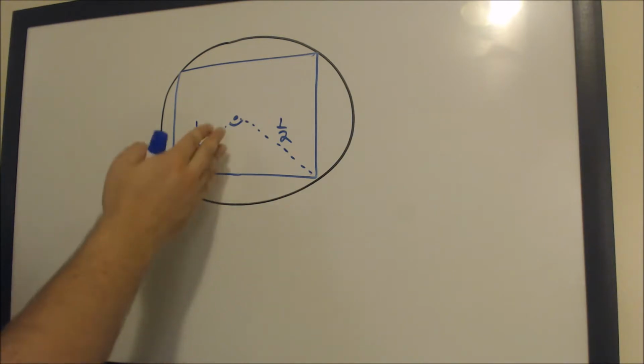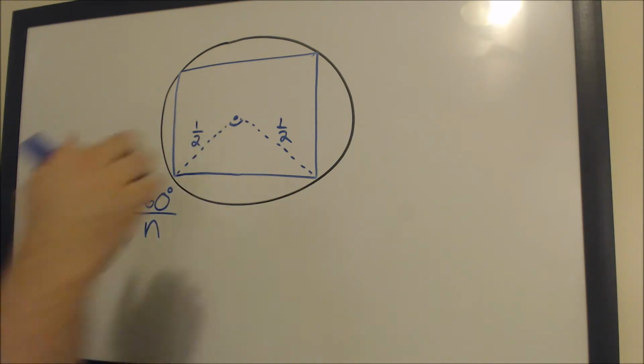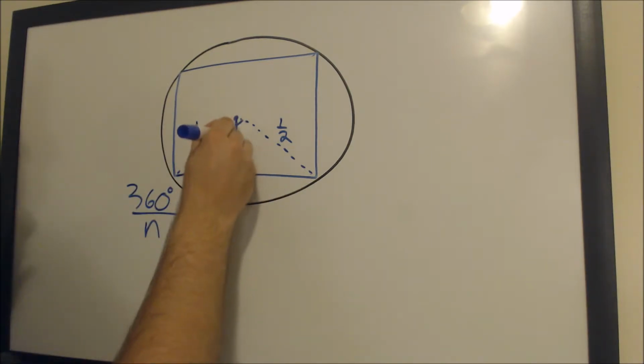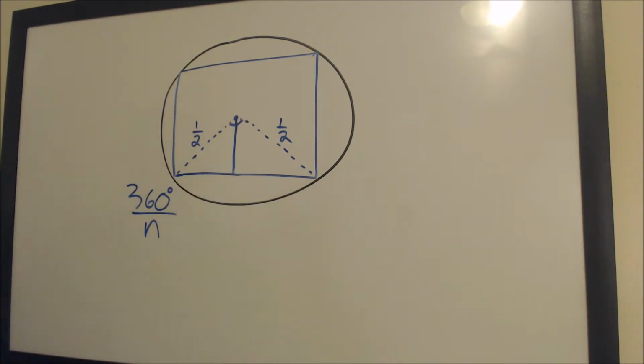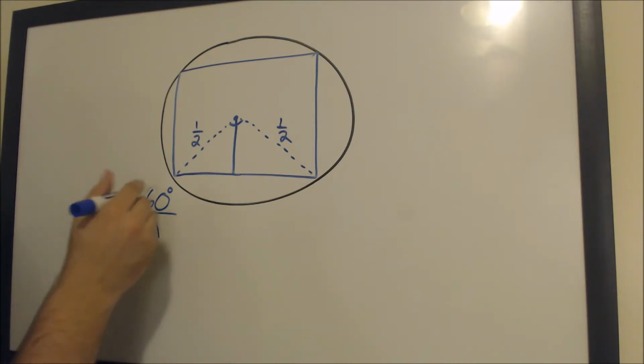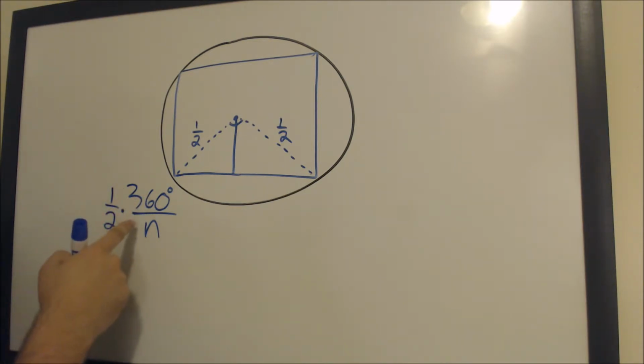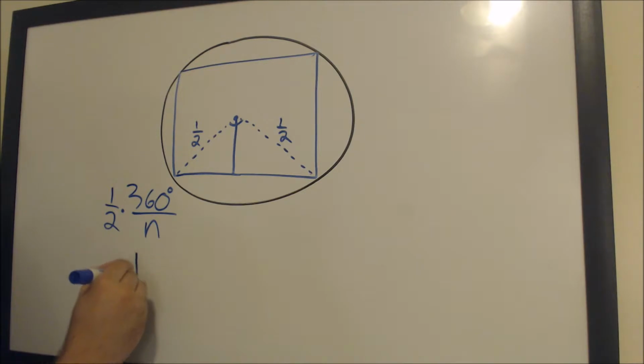So this is all well and good, but then the other thing is that I also want to cut this triangle itself in half. So now, in addition to cutting it by n, I'm also cutting it in half. So if I take half of this, then that is going to be 360 divided by 2n, which is simply 180 degrees divided by n. All right. So far, so good.